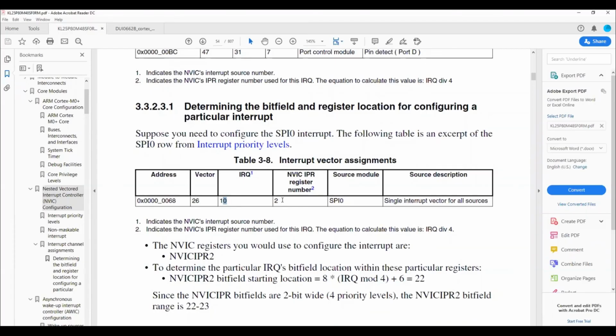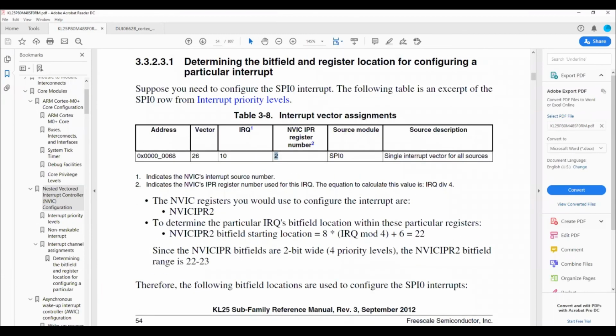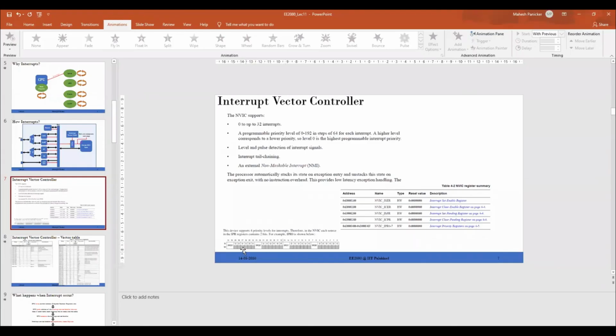So the moment you do that, you come back to this. Now I need to give a priority to the SPI0 interrupt. And that is what you have to look at, this number 2, NVIC IPR. So you go back and put it in this register, right? The NVIC IPR register will have a format similar to this. Go to that register, and which one shall I fill? This one, this one, this one, or this one?